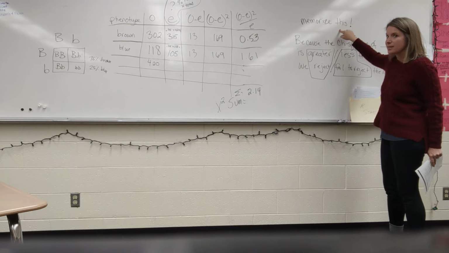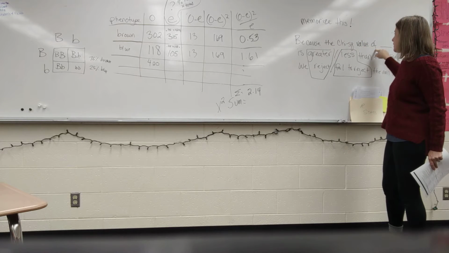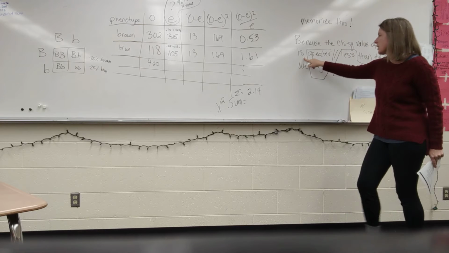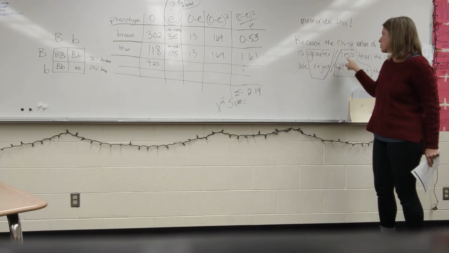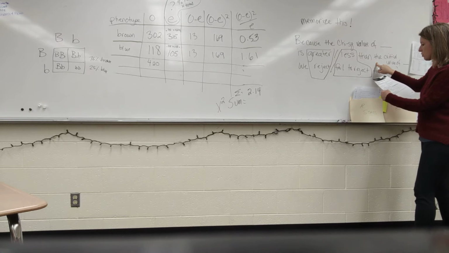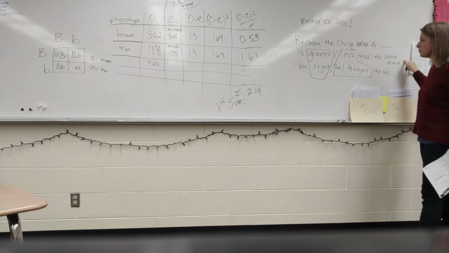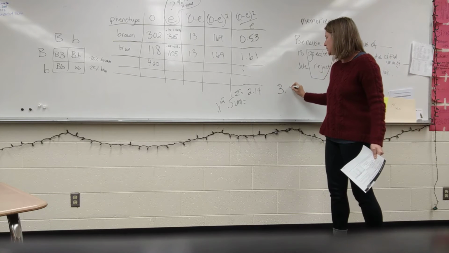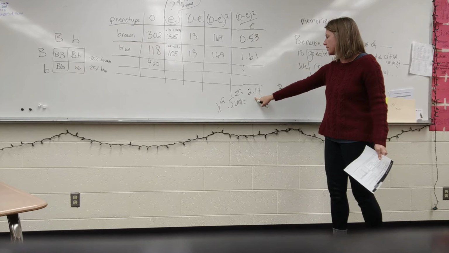Memorize this. Because the chi-squared value of 2.14 is, you have to choose, and our critical value is 3.84. So that is our chi-squared value.